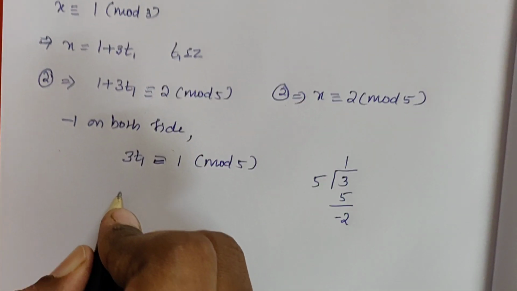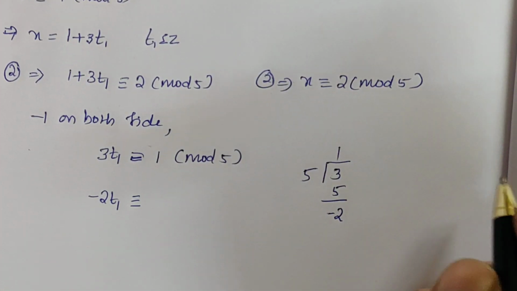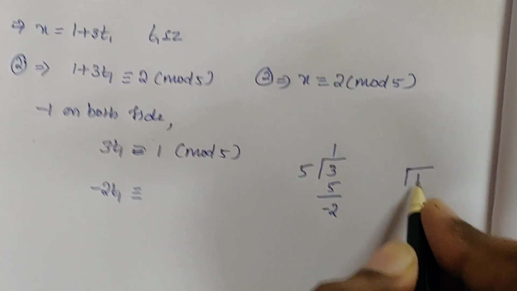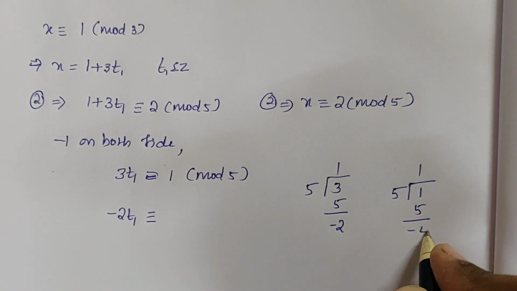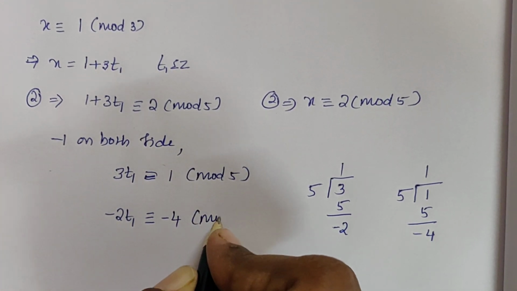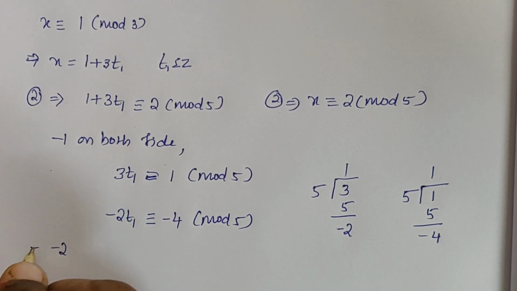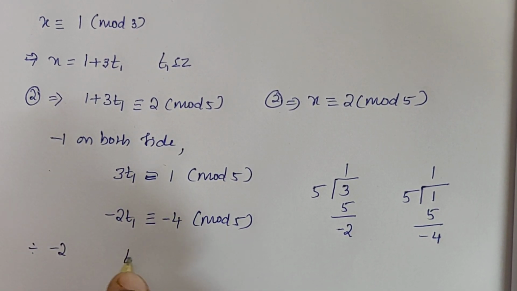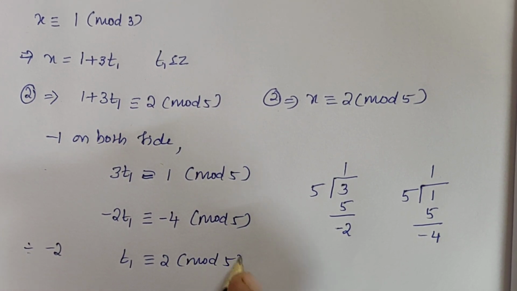So 3t1 can be written as minus 2t1, which is congruent to, when I divide 1 by 5, the remainder minus 4. So minus 4 mod 5. Now I divide by minus 2 on both sides, then t1 is congruent to 2 mod 5.